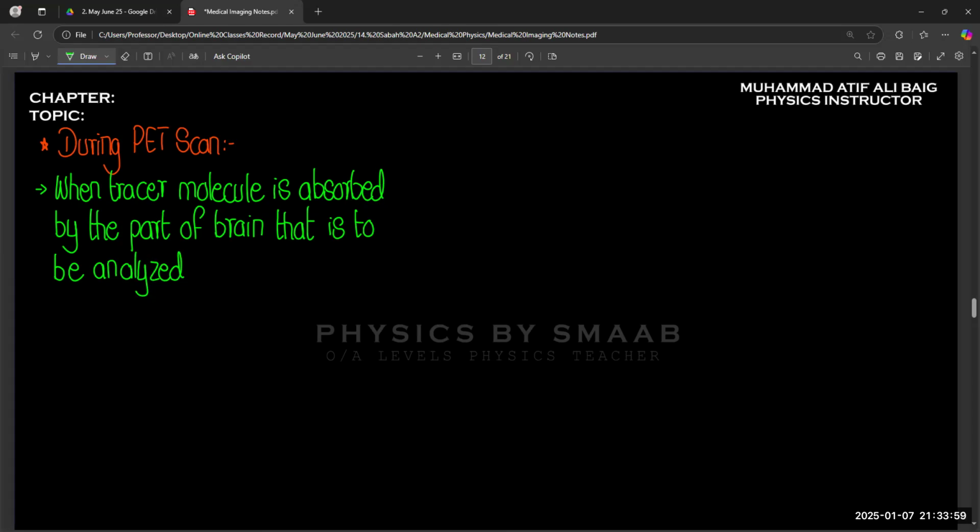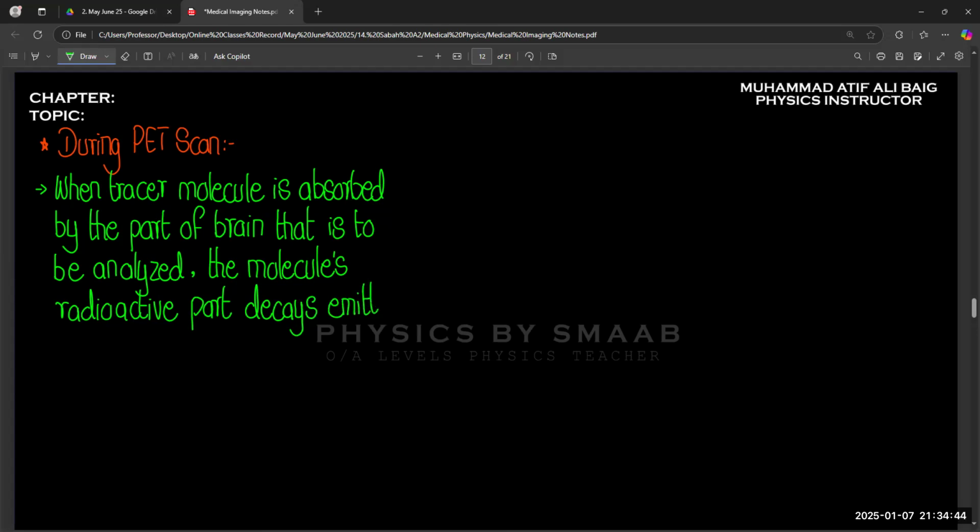The molecule's radioactive part decays and it will emit a positron.